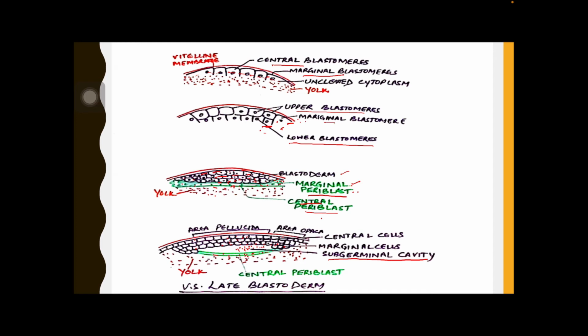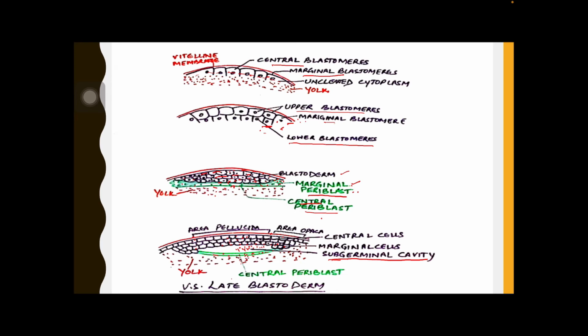So now this part of the blastoderm, the central part of the blastoderm, which is separated from the underlying yolk due to the appearance of this subgerminal cavity, अब ये cells yolk से बिल्कुल अलग हो गए क्योंकि subgerminal cavity has developed, right?